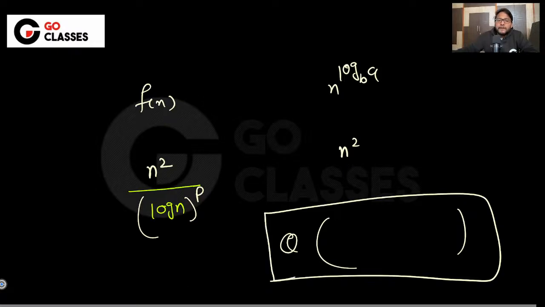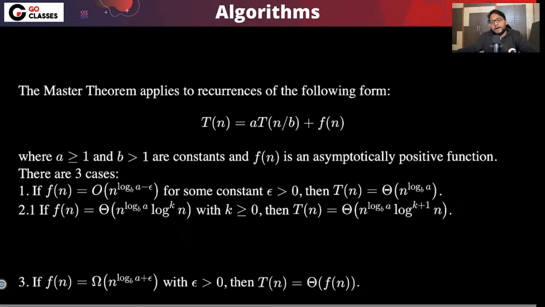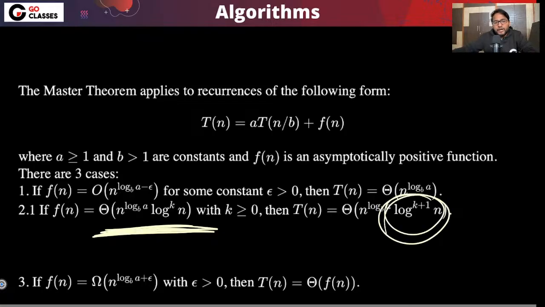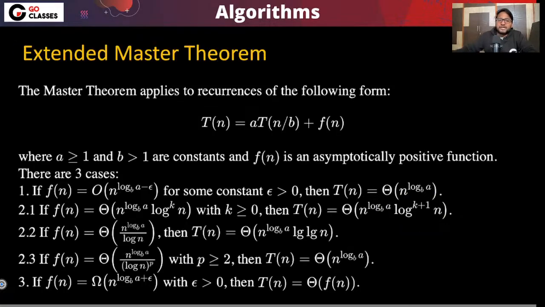So what is that? See, earlier we were just having these two cases. If it is just log n multiplication, then it will be +1. Now we are also having more cases in the extended Master's theorem, which is saying even if it is division, if it is just one time division, then it is log log n. If it is more time division, then it is just this function.